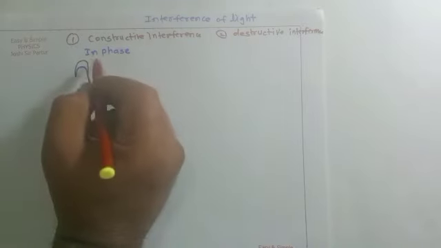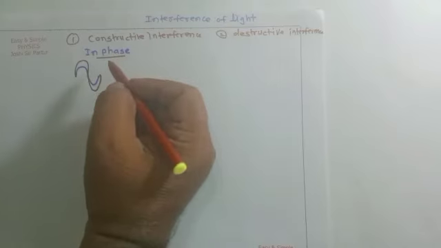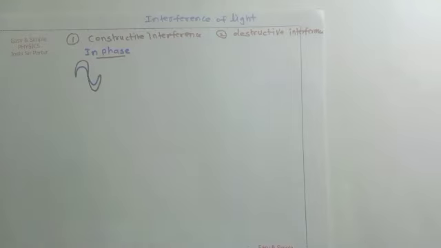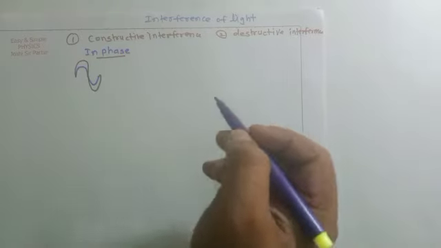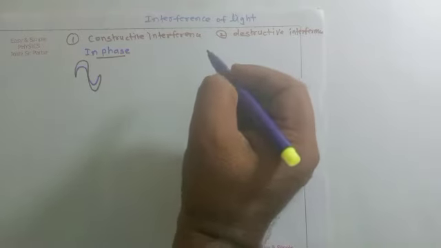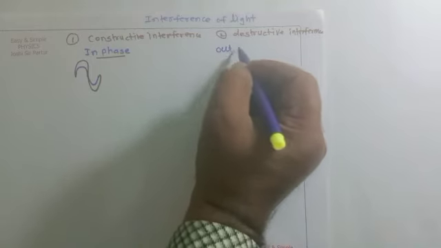Means in constructive interference the two waves arrive at a point in phase, but in destructive interference, two light waves arrive at a point out of phase.